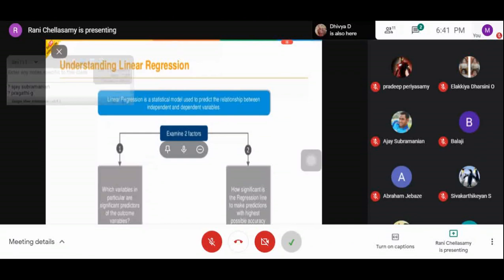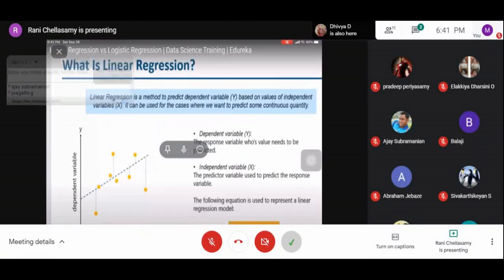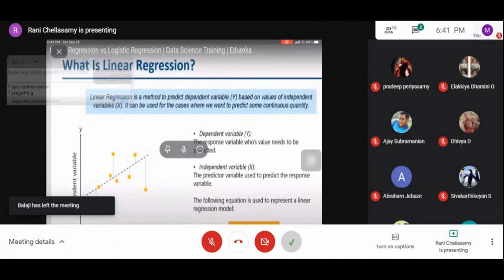Linear regression is a method to predict the dependent variable based on the values of the independent variable x. It can be used for cases where we want to predict some continuous quantity. See this plot: the plot is between the independent variable x and the dependent variable y.